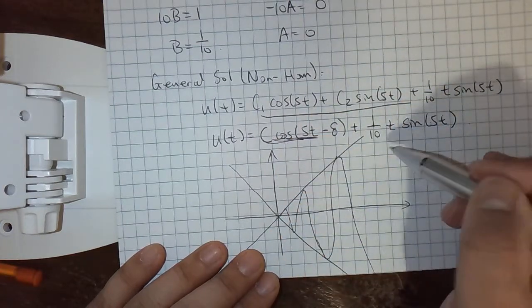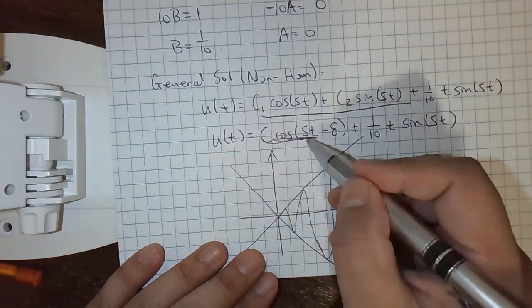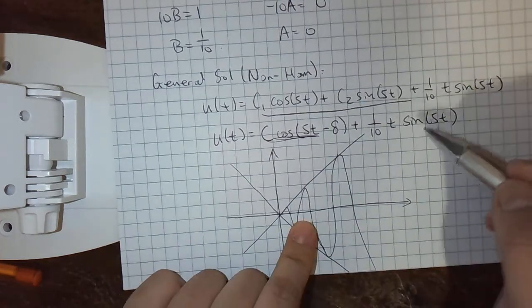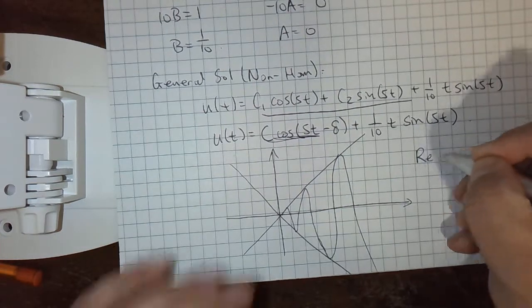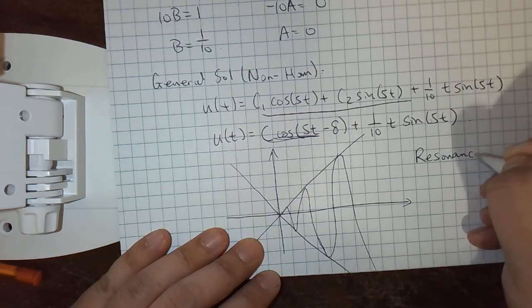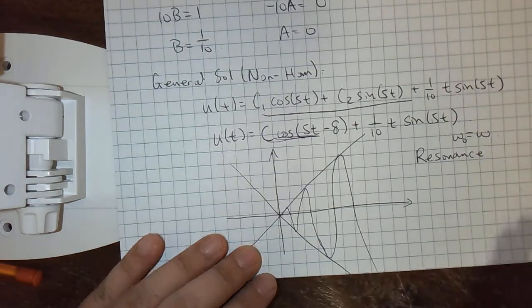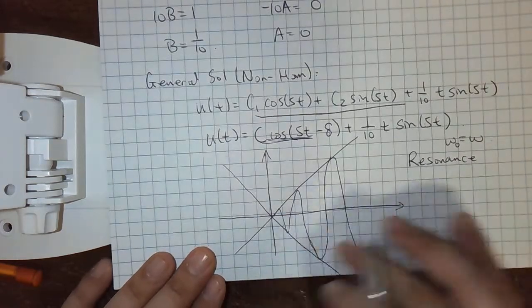So this part of the equation dwarfs this part in the graph. I could add in this and it would look funny. But this part's way bigger. And this is what we call resonance. This was the omega equals omega naught part. So we have two things vibrating at the same frequency, and it gets louder and louder.